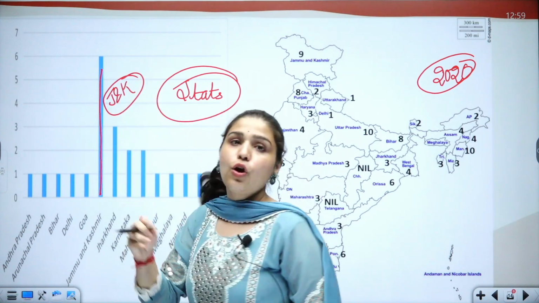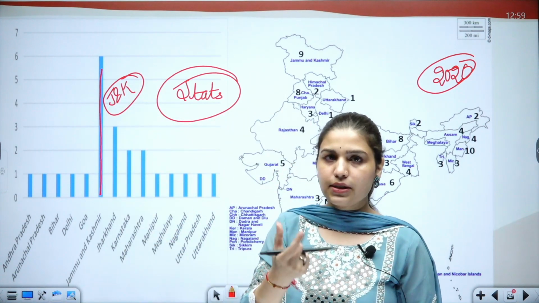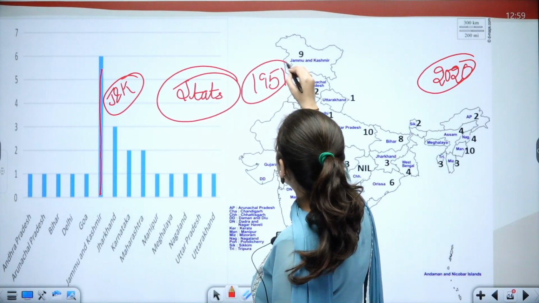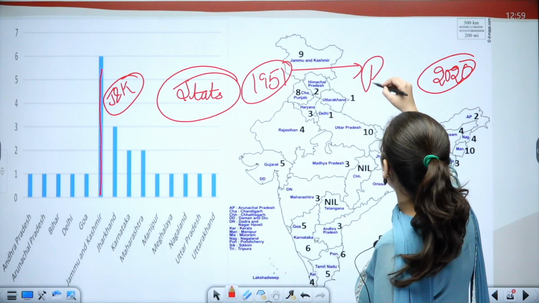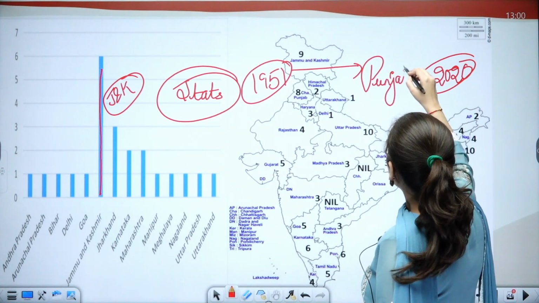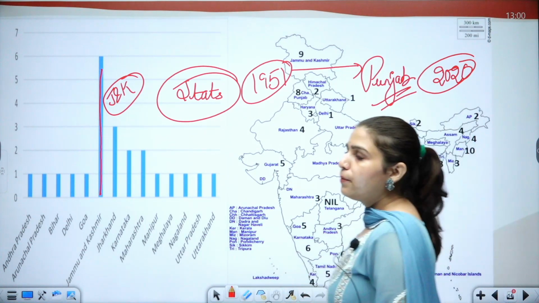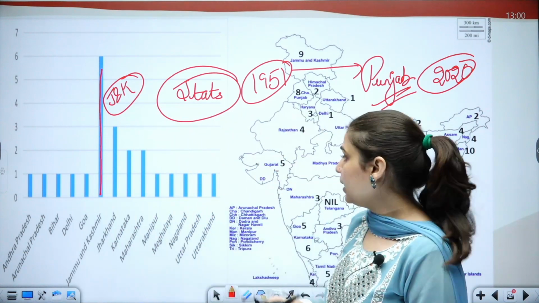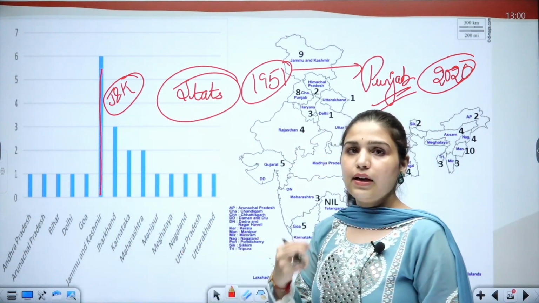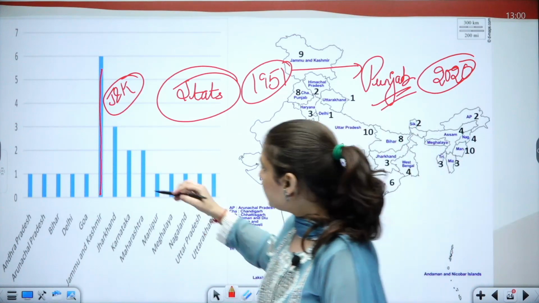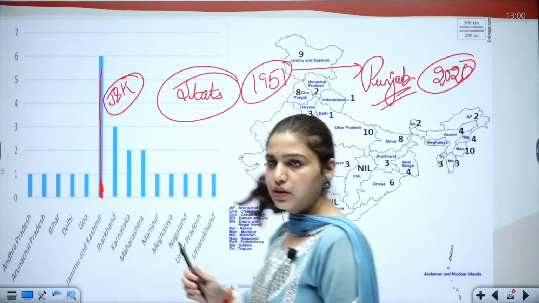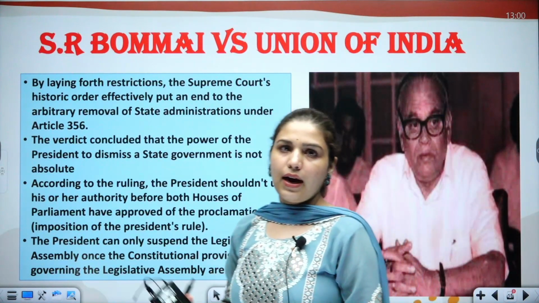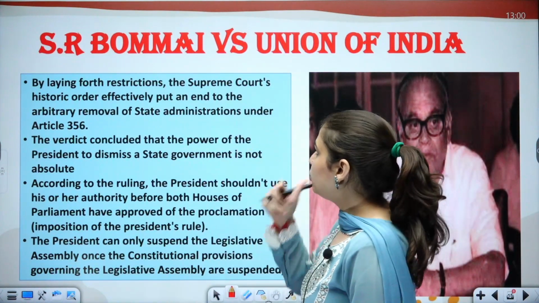And if we talk about when President's rule was first imposed, it was first imposed in 1951 in the state of Punjab. Till 2020, Jammu and Kashmir has seen the maximum imposition of this particular article by the president.